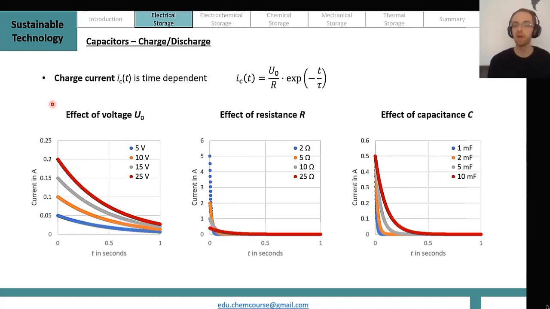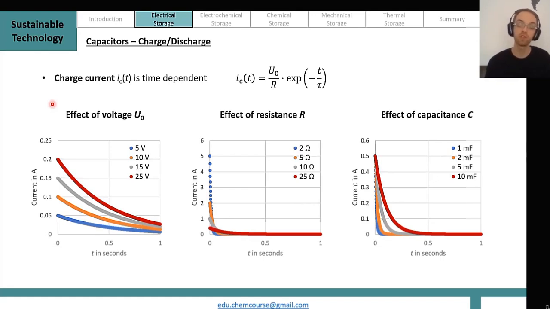And lastly, you have the effect of capacitance. So basically, one of the major parameters when you think about how much energy can be stored. And this is more or less logical that the more capacitance you want to charge, the longer it basically takes.